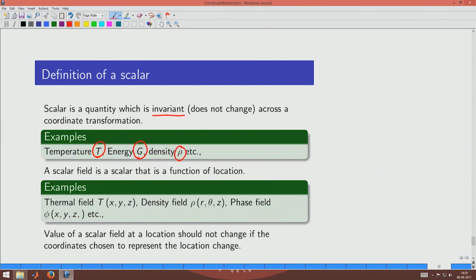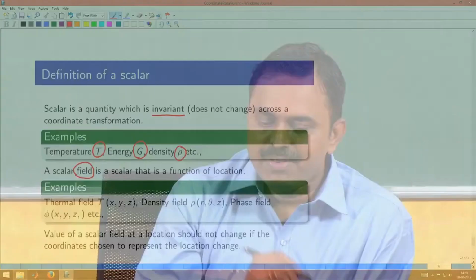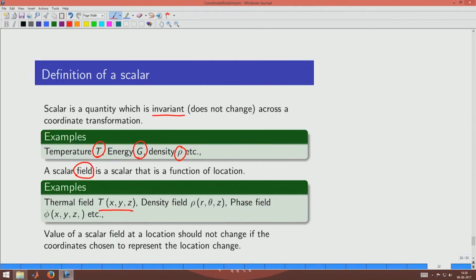So, now scalar field is something that we are introducing. It is the same sense as what we have said for vector field. A scalar field is basically a scalar which changes its value as a function of the location, but not when the coordinate system is rotated. So, we have temperature field, density field, phase field and so on.